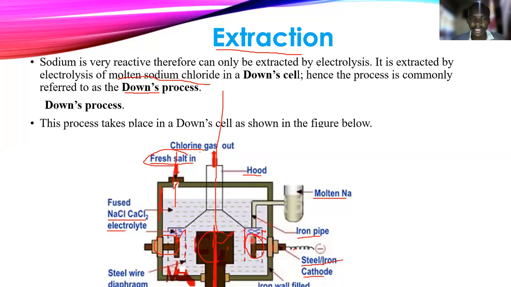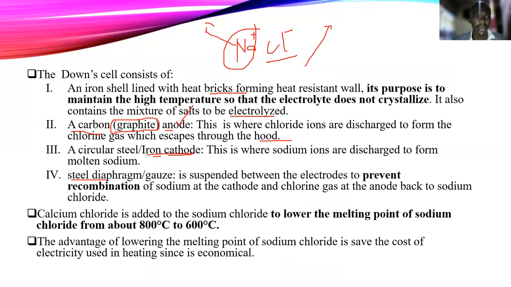The function of this steel gauze or steel diaphragm is to prevent the sodium ions discharged at the cathode from recombining with the chloride ions discharged at the anode. Very important.